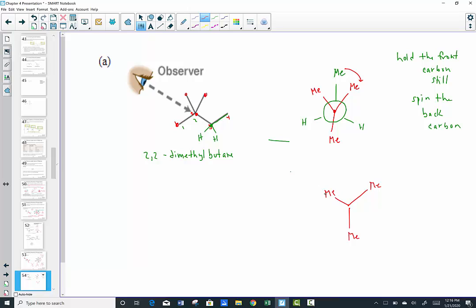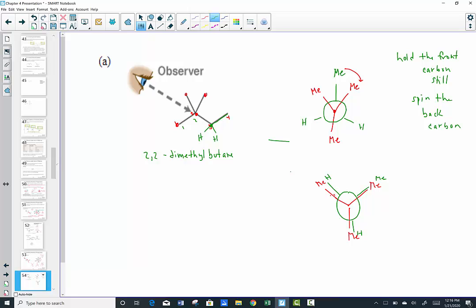What I did spin was the green carbon in the back, by 60 degrees. That placed the methyl group directly behind the red methyl group. The hydrogen now is coming out behind here, and this hydrogen is now hidden here.